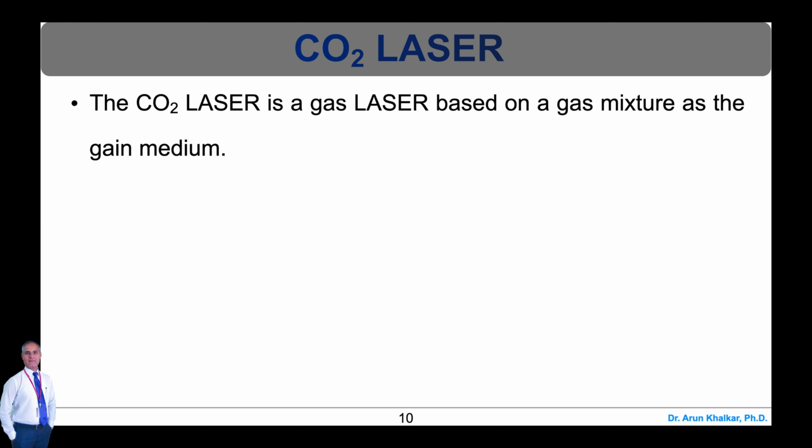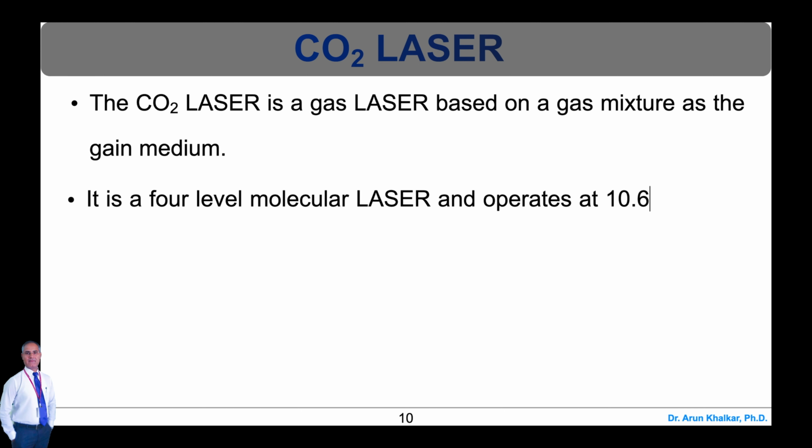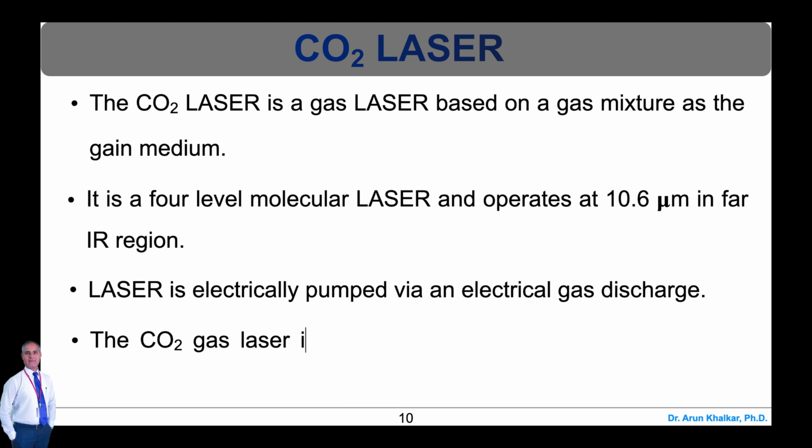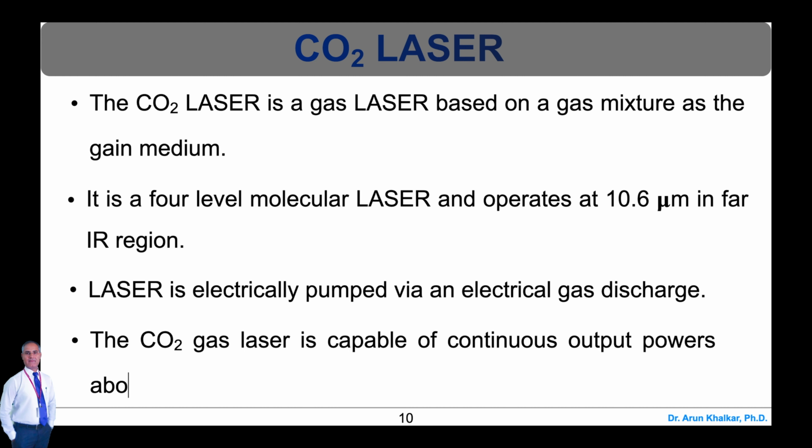Such a laser is electrically pumped via an electrical gas discharge, which can be operated with DC current, with AC current, for example 20 to 50 kHz, or in the radio frequency, that is RF, domain. It is a 4-level molecular laser and operates at 10.6 micrometers in the far infrared region. The CO2 gas laser is capable of continuous output powers above 10 kilowatts. It is also capable of extremely high power pulse operation.